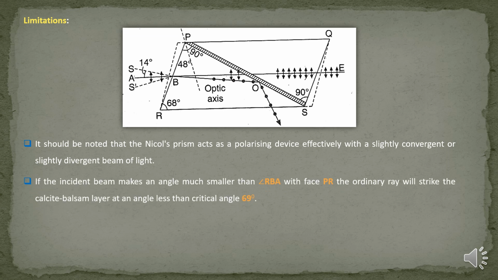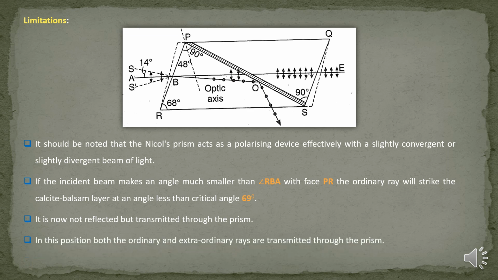If the incident beam makes an angle much smaller than angle RBA with face PR, the ordinary ray will strike the calcite balsam layer at an angle less than the critical angle, 69 degrees. It is now not reflected but transmitted through the prism. In this position, both ordinary and extraordinary rays are transmitted through the prism.